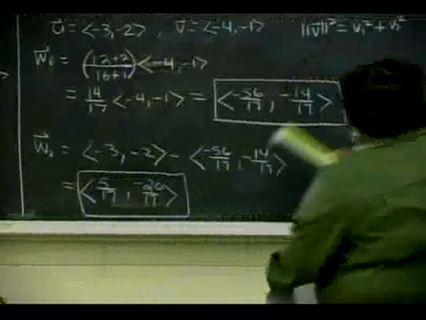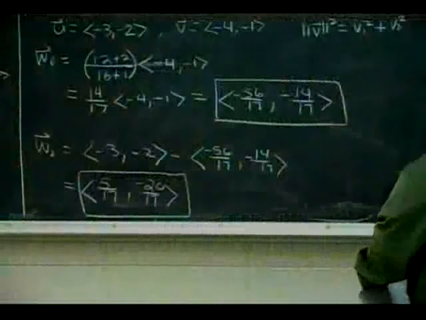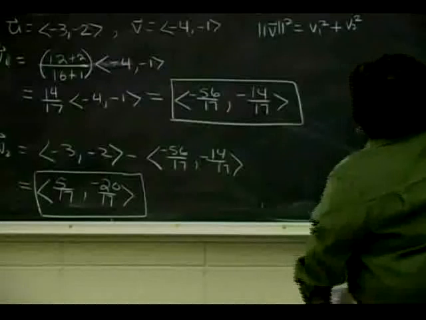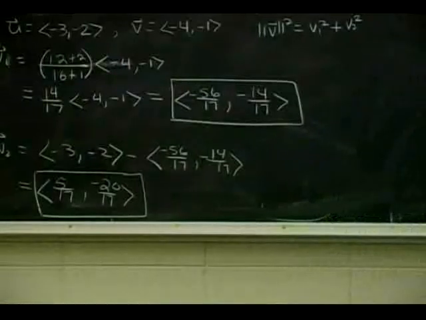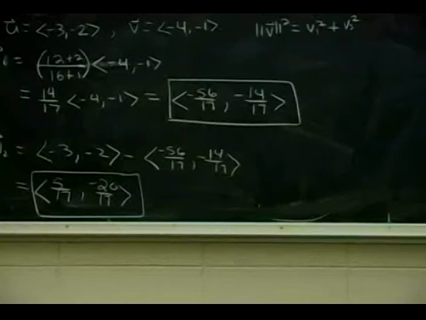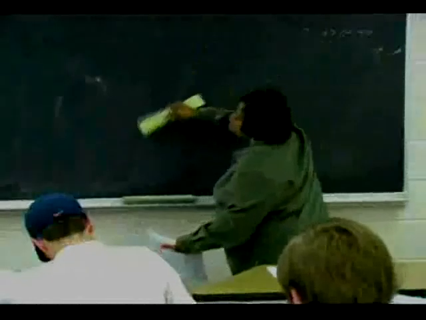So if given U and V, I can find W1 and I can find W2. But you need to know what they represent. W1 represents the projection of U onto V, and W2 represents the vector component of U orthogonal to V.